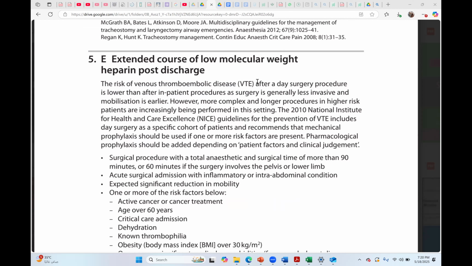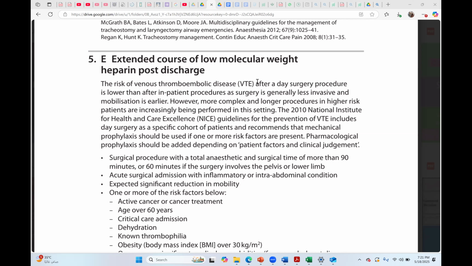What is the name of that medication? Tranexamic acid. So now you can even expand, because if you are reading this MCQ and want to understand all these things, these are all the related things you should understand.